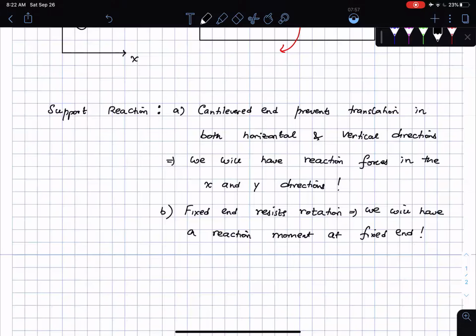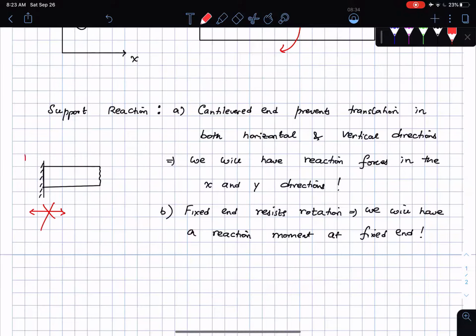Okay, so essentially here is how I think of it. I just draw a small piece of this cantilevered beam. When I'm drawing the support reactions, I don't worry about anything else that is happening. I just focus only on this particular end of the beam. If I'm trying to travel horizontally, that is not allowed.